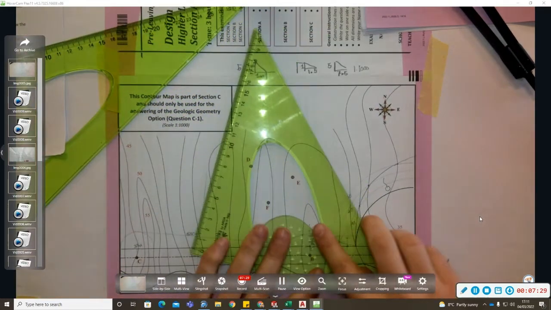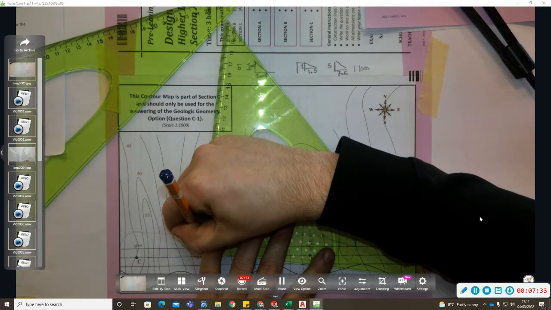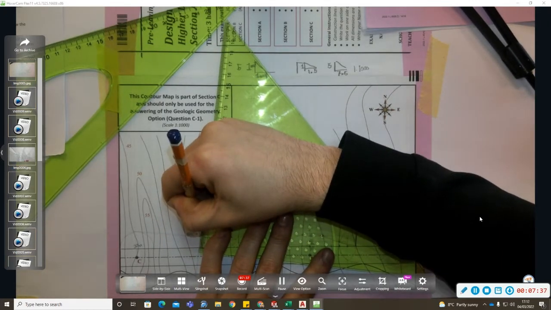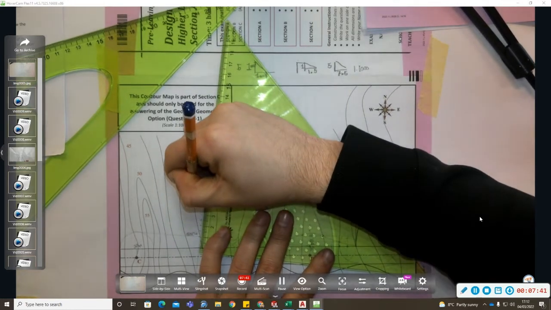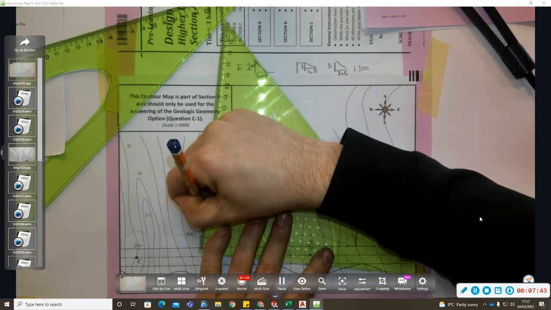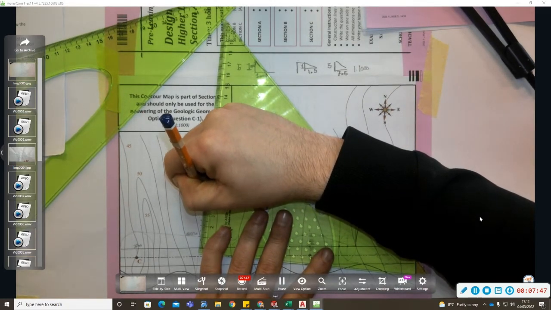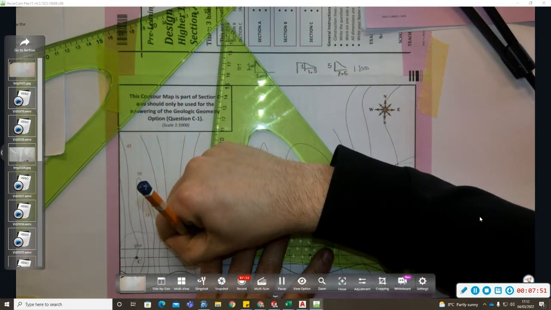Now I'm going to mark 5s along that. The reason why the cone was radius 15 is because the cut slopes have a ratio of 1:1. If it was 1:2, the radius of the cone would be 30, and the distance between the lines will be 10. That's important to note.